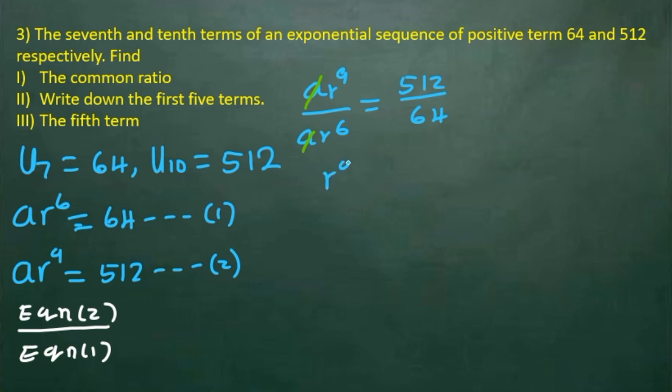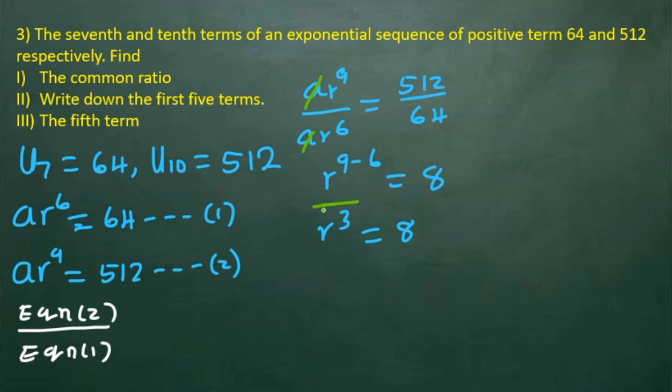So we are left with r to the exponent of 9 minus 6, using the indices property: when they divide we subtract their exponents. And 512 divided by 64 gives us 8. So here we have r to the exponent of 9 minus 6, which is 3, equals 8. Now let's take the cube roots of both sides of the equation.